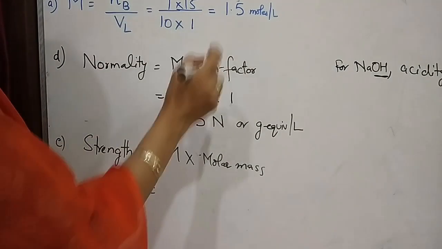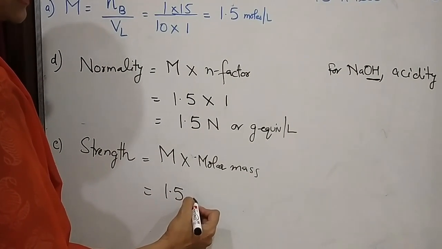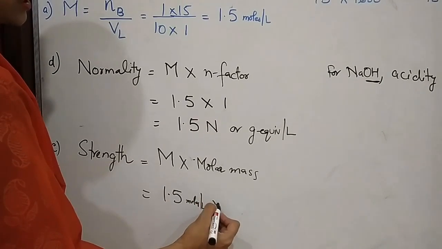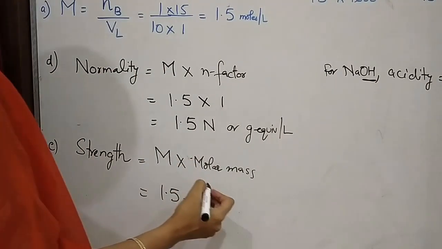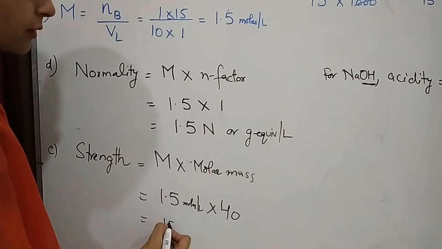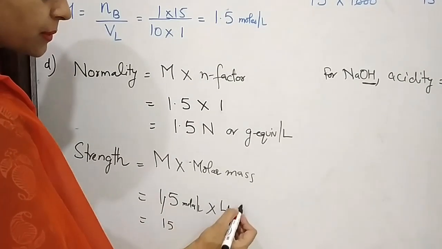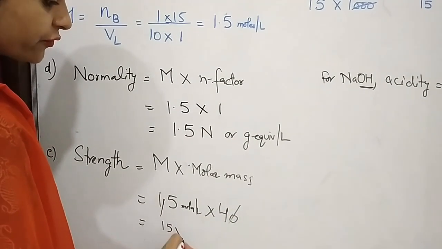Molarity is 1.5 moles per liter into molar mass of NaOH, which is 40. So you can find here 15. You cancel out this decimal with this 0, and we have 15 into 4.